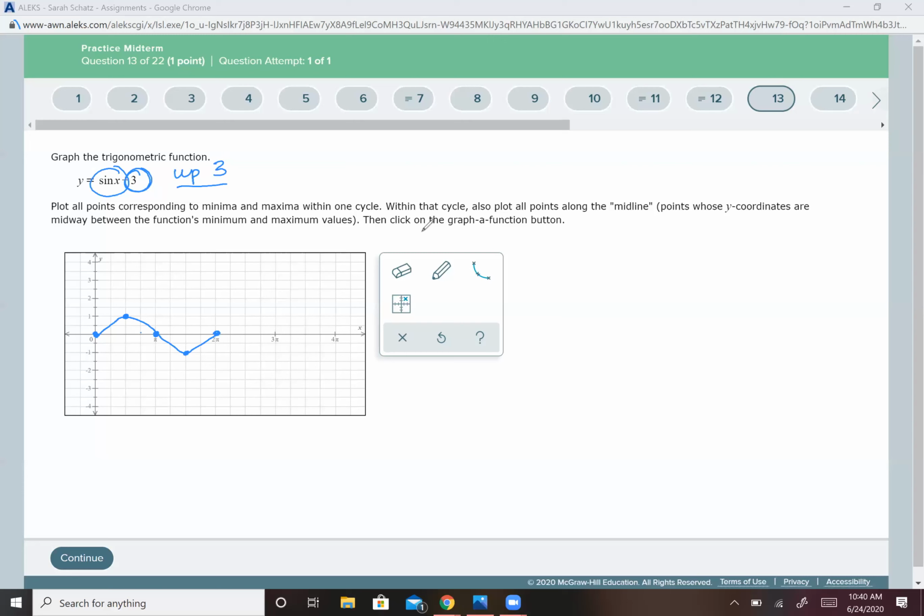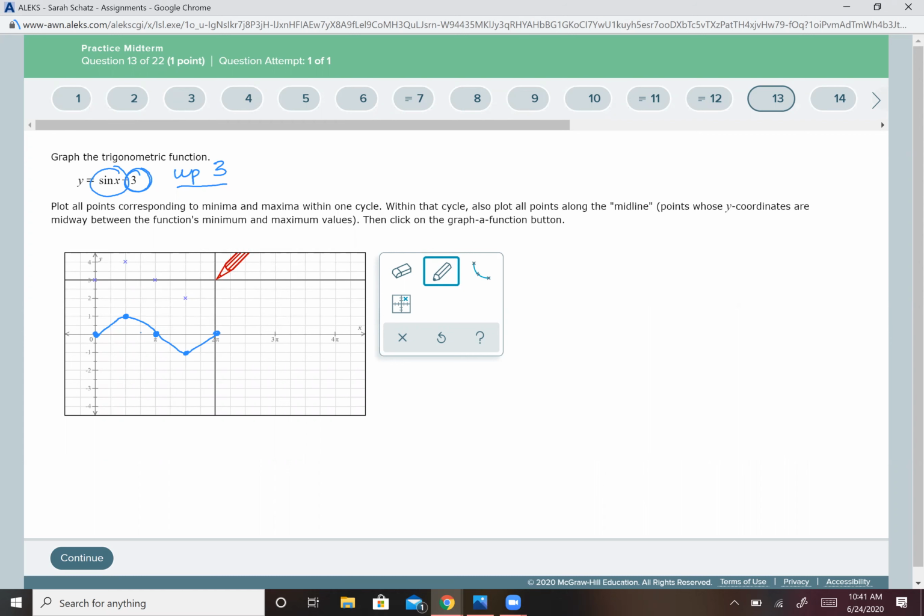So I am going to put my mouse on. So this point that was at 0 is now going to be at 3. The high point, it used to be at 1, now it's at 4. For pi, back to 3. For 3 pi over 2, down to 2. I didn't get that one.